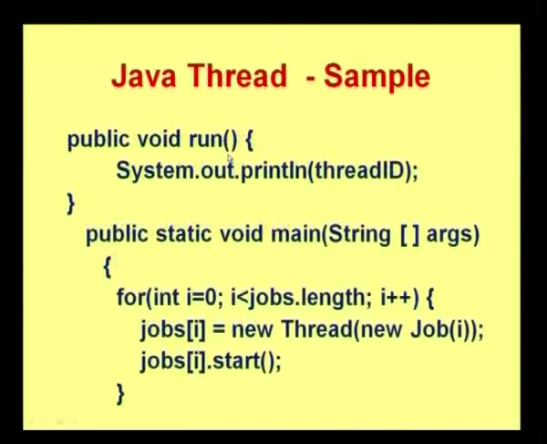In my run method, I have given System.out.println of my threadID, whatever I have set, to print. In my main you can see a for loop which runs from 0 to jobs.length, so 4 jobs. Job of i is equal to new Thread, that is new Job of i. So 4 thread instances will be created by passing this object which has implemented the Runnable interface, so with this run method.